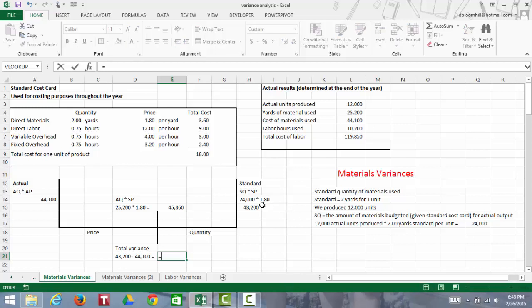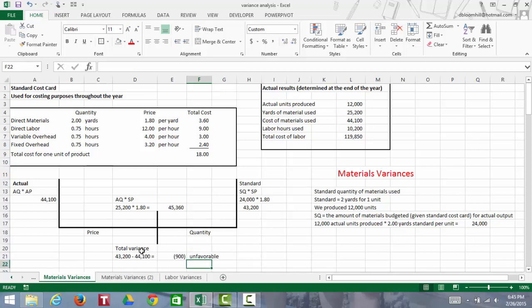So I'm going to take the 43,200, subtract the 44,100 actual, and I get a total variance of $900. And because that is negative, that becomes an unfavorable variance.